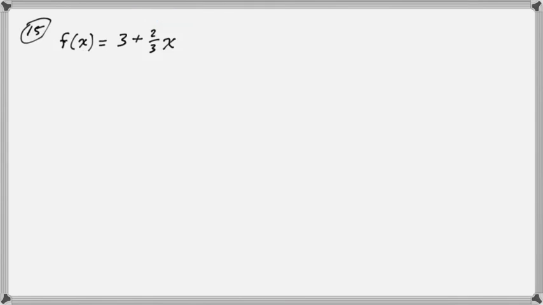Can you look at this and tell me what the answer is going to be? The slope? Well, it would be mx plus b, wouldn't it? So what's the slope? I already know my answer, f prime of x equals 2/3, because that's considered its slope.